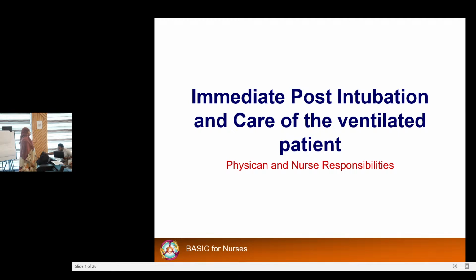So, do you remember, after intubation, what should be done immediately for these patients? You have already intubated your patient, maybe in the AMD, and then sent them to the ICU. What things should be done? What care should be taken for this patient? Let's start with the intubated patient, then we'll go to more details on ventilated patients.